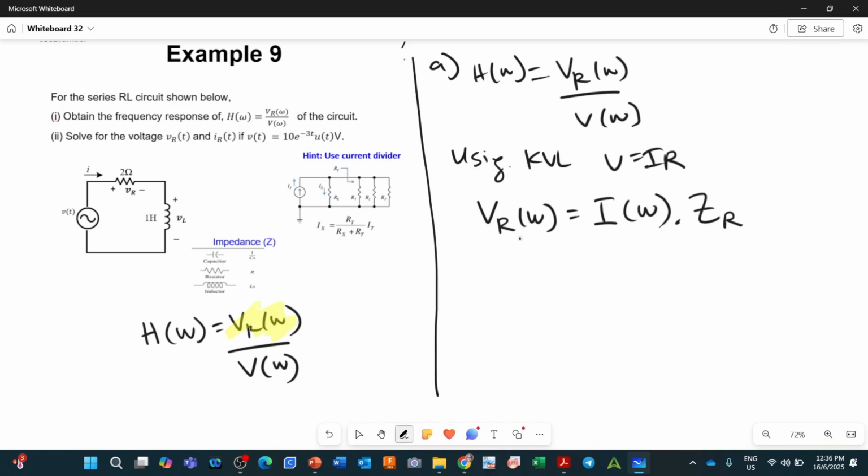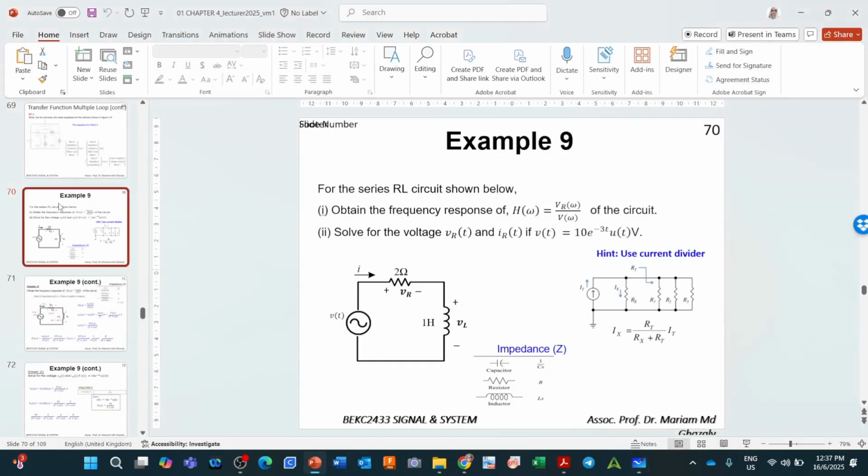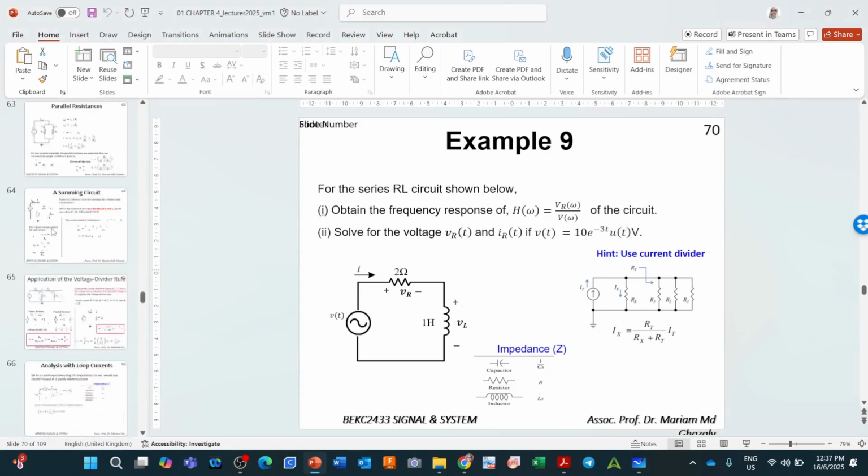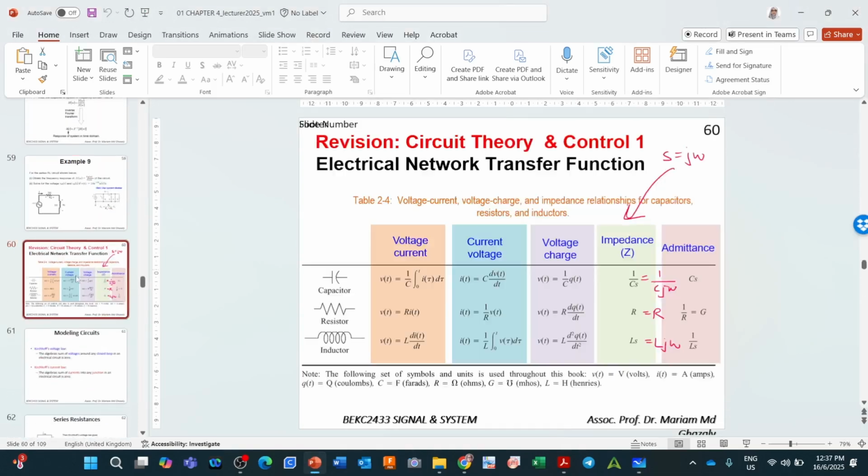So I'm going to write ZR as equivalent to what? Look back at the table just now. What is the impedance Z for R? Get the R value.